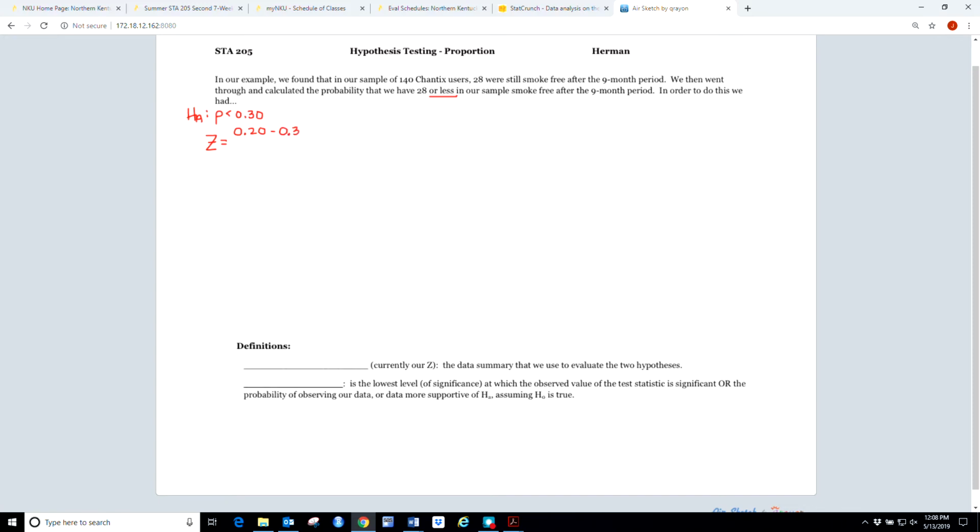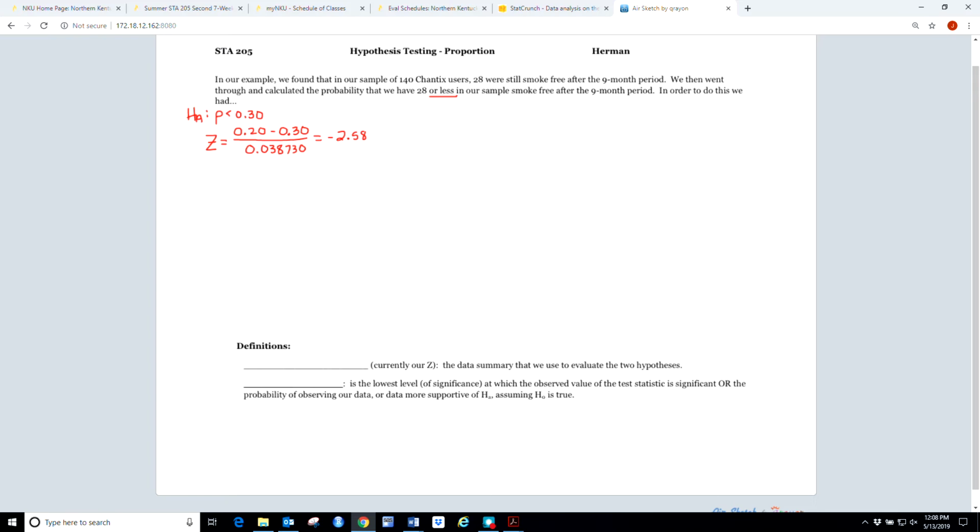So it was our 0.30. And then we had also calculated the standard deviation of p hat, which took into account our p of 0.3 and our sample size of 140. And we got that standard deviation of p hat to 0.38730. And so when we calculated our z-score, we had a z of negative 2.58.